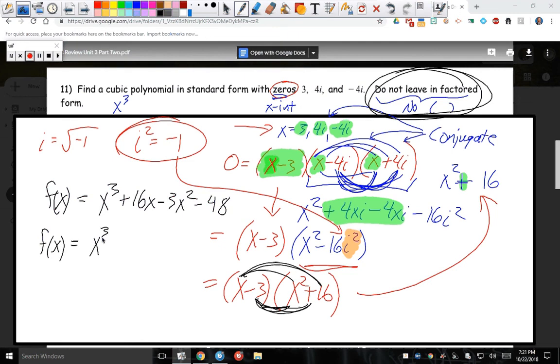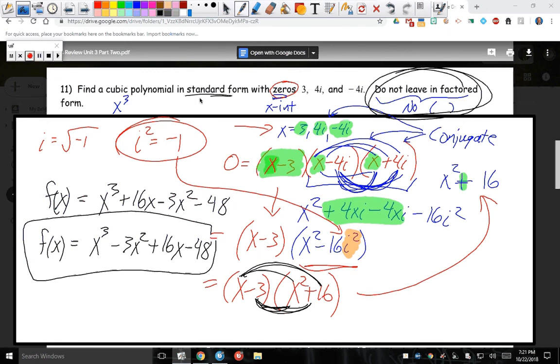So the highest degree will be listed first, and then x squared, and then the x, just like we did throughout this entire unit. This would be the most simplified form, basically the standard form for what we have. And sure enough, it did match up with what we thought it would be, the cubic, at the very end.